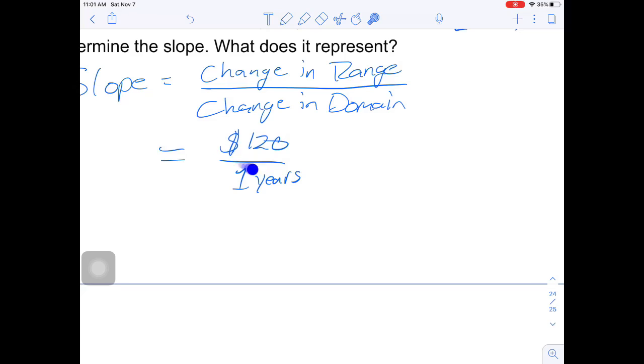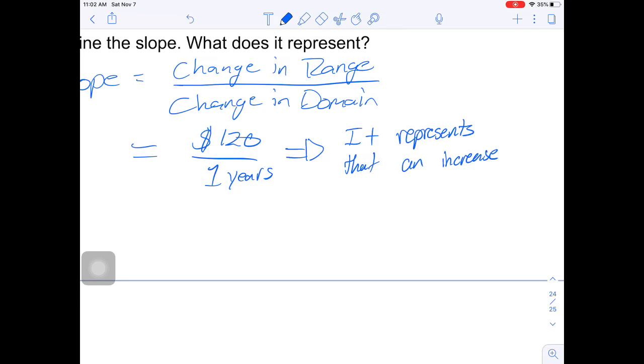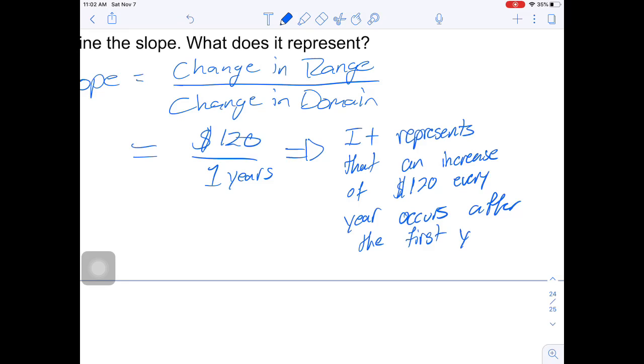So it looks like I increase the amount that I have or own by $120 every year. So what does it represent? It represents that an increase of $120 every year occurs after the first year.